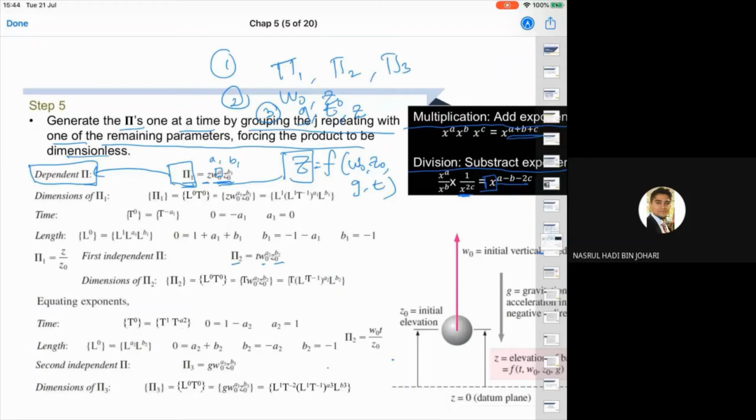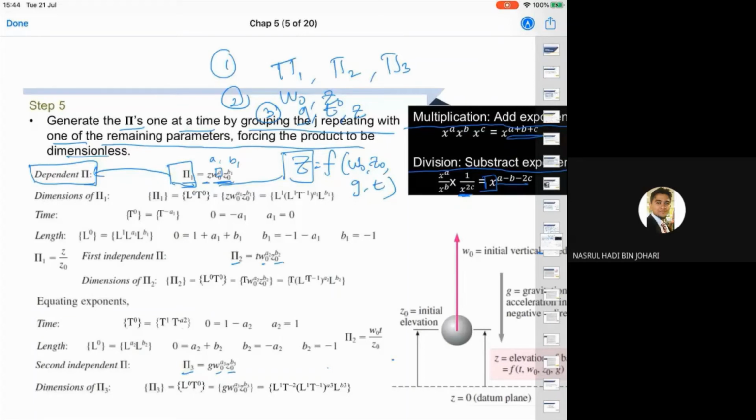So W0 and Z0 are the repeating variables, or repeating parameters, in all Buckingham pi. Okay, got it? Alright, good.